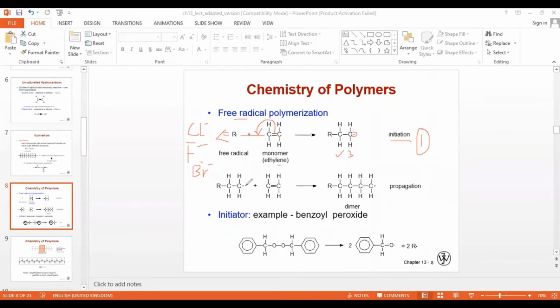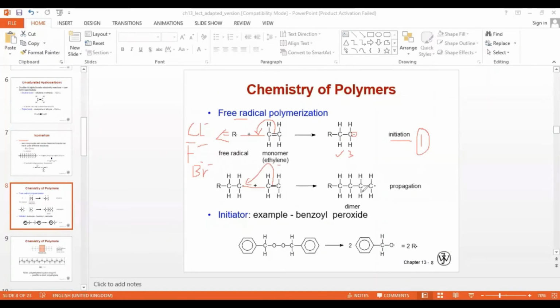So how will it join? There is a dot, there is a double bond, so this double bond will break to join with this dot. This will form a bond like this, which will be C4H8R and a dot. Why is there a dot now? That dot will now transfer here.